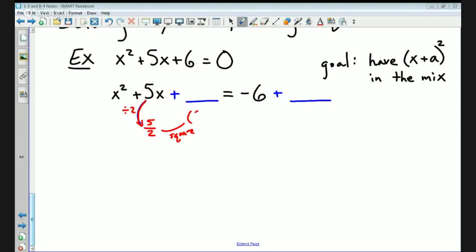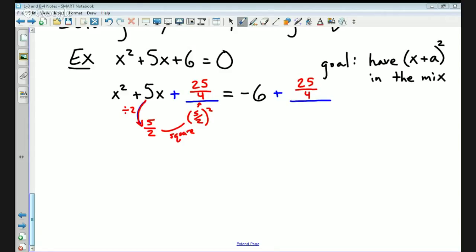So you get 5/2 squared, and that in this case is going to give us 25/4. And then on the right side, we also have 25/4 added in.